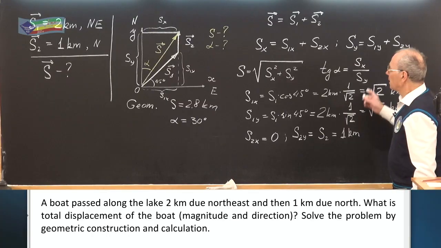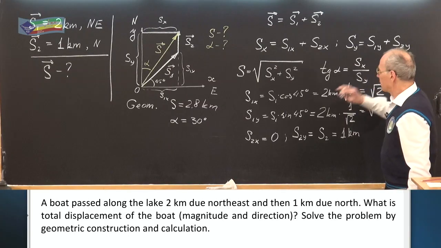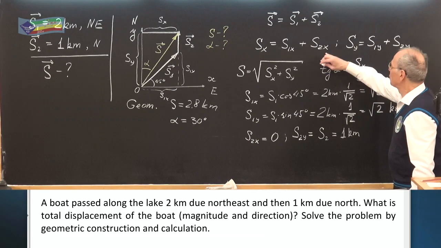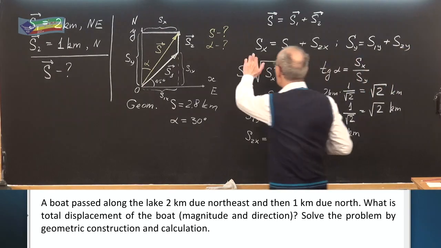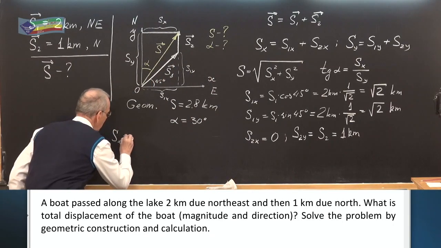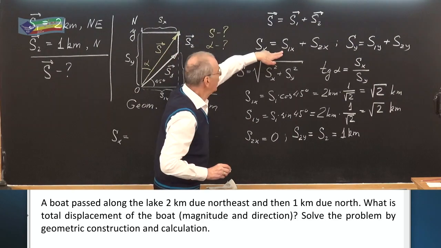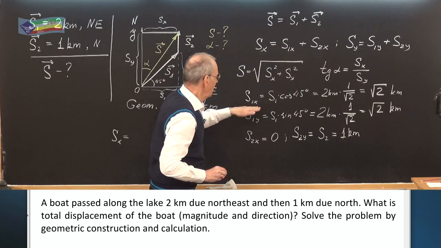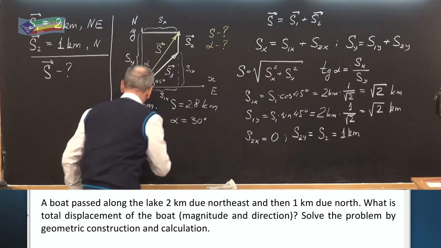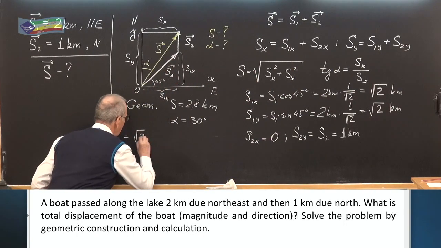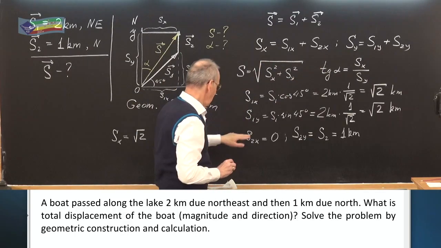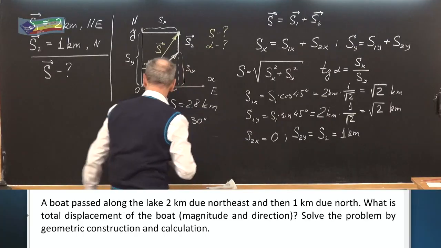And we can now substitute these components into these two formulas. Sx equals S1x, root of 2 kilometers, plus S2x, 0.